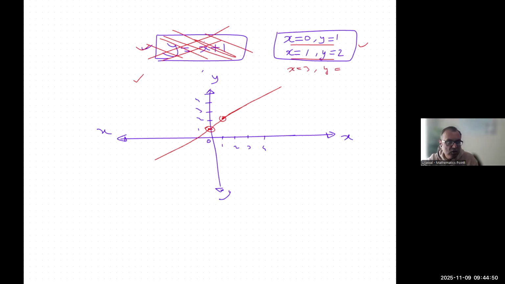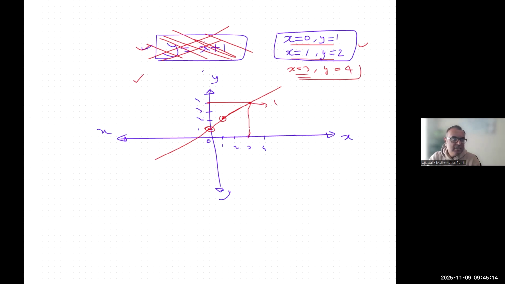So what I'll do is go to x equals 3 and draw a straight line which will hit my graph, and I'll read the y value. So when x is 3, y is 4.